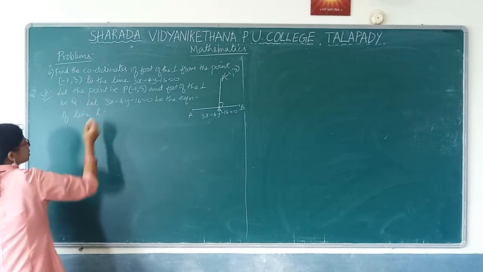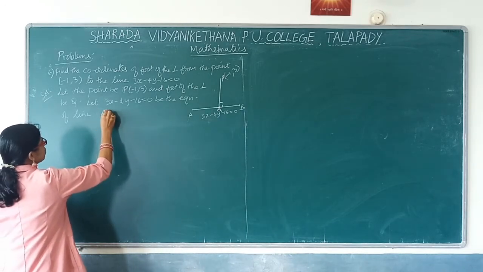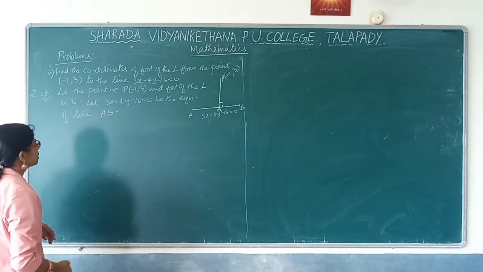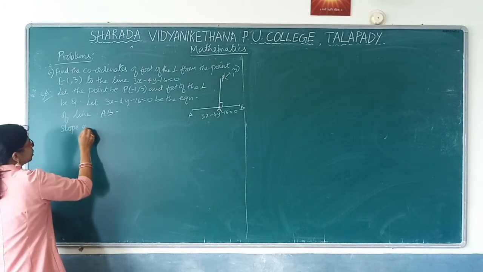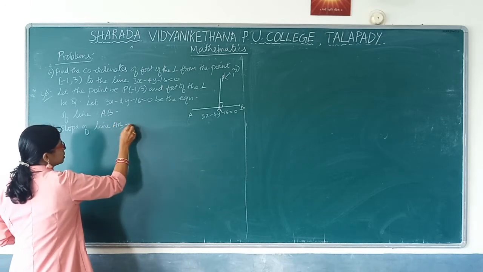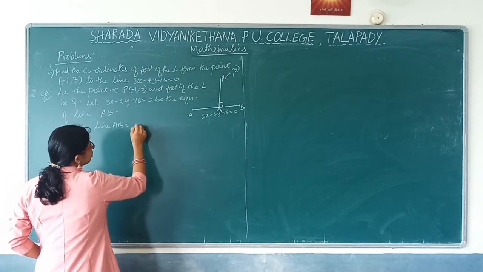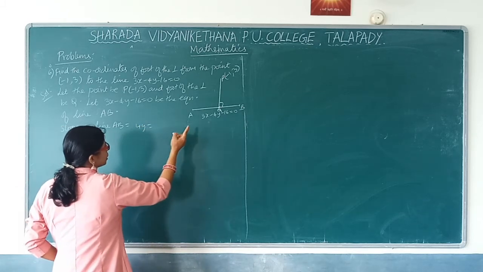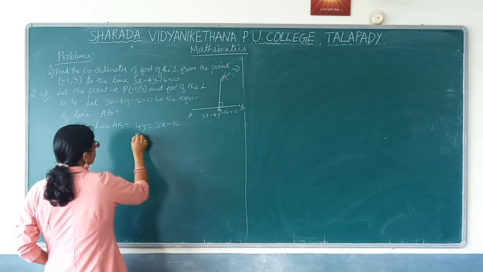Let us take it as line L. Or line L I have written as AB, so we will take it as AB only. Line AB. Now the slope of line AB is equal to, we will convert it to slope intercept form, isn't it? So 4y, you take 4y to the other side, is equal to 3x minus 16. 4y is equal to, then what is y?